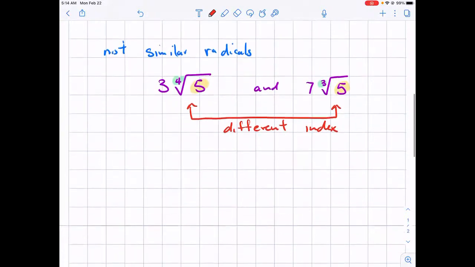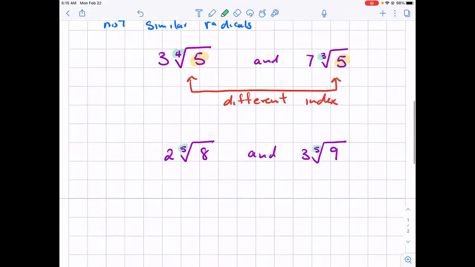Now, if we have, for example, 2 times the 5th root of 8, and here we have 3 times the fifth root of 9, in this scenario the indexes are the same, okay?